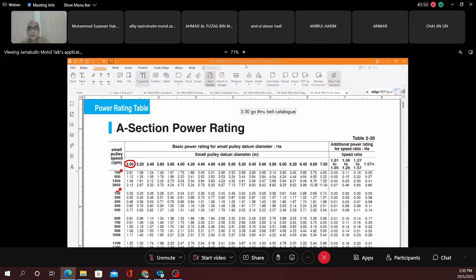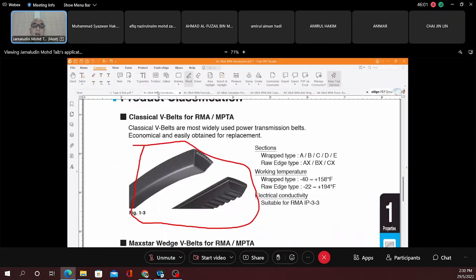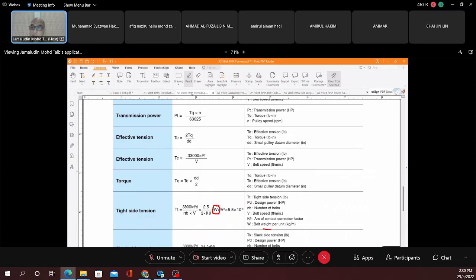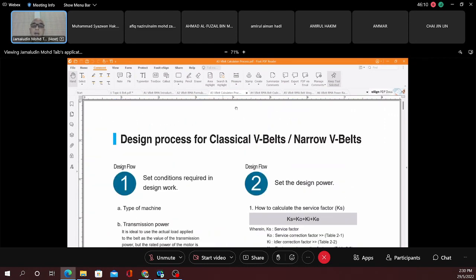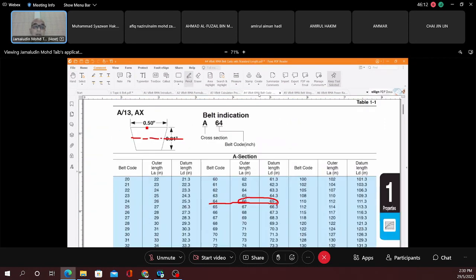Okay, I think by this time you should be aware of the six catalogs. You should know where to look. The basic properties of the catalog will be A1. The formulas, maybe you require the formulas, the steps will be in step 3. The length of the belt will be A4.